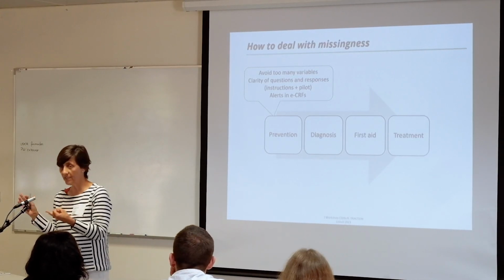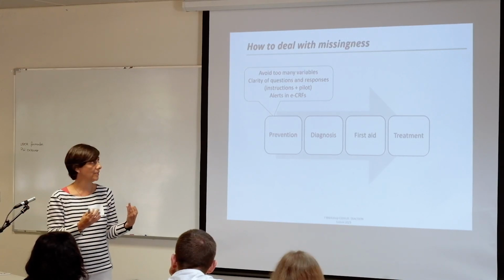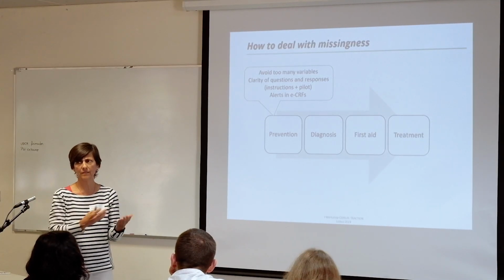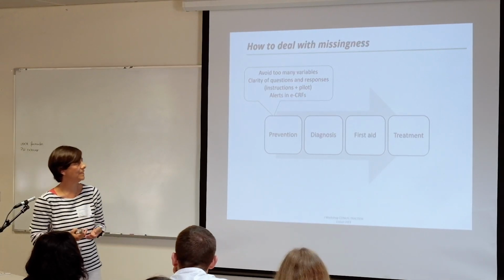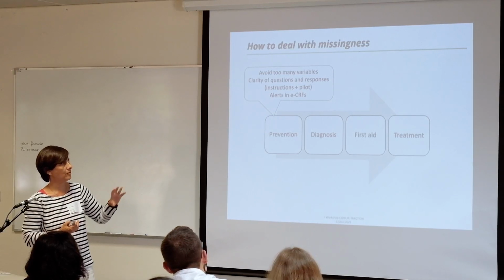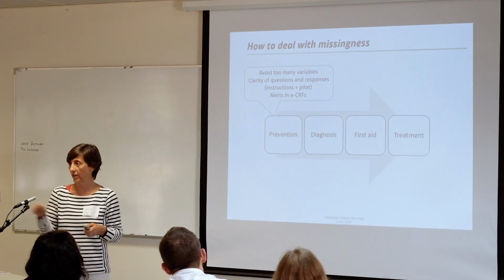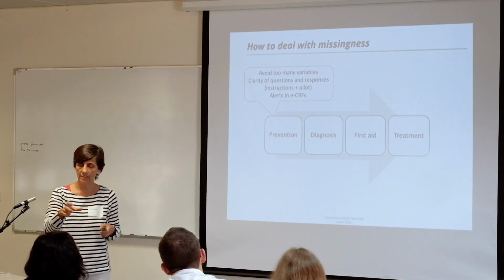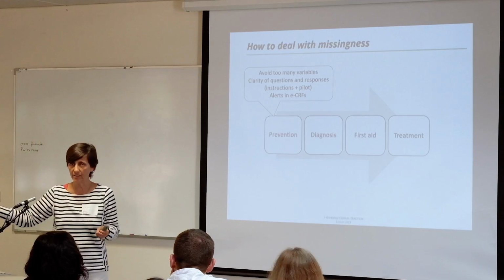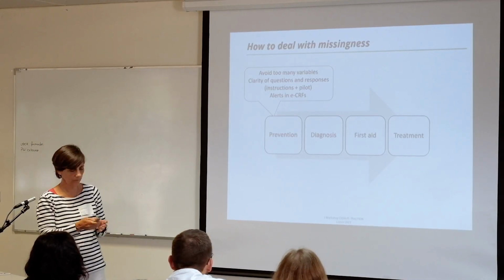We talk about feasibility study, but I always do a pilot of my data collection forms just to make sure that the other person is understanding what I want to get into that form. So instructions and pilots. And if you are doing an electronic collection of the data, you can have alerts so that if you enter some data that is completely out of range, it says, oops, you cannot put that in there.